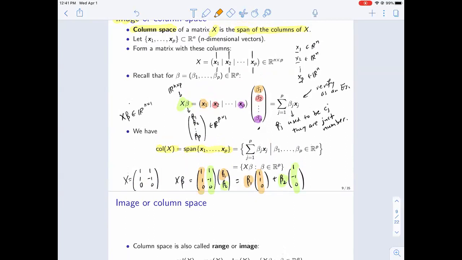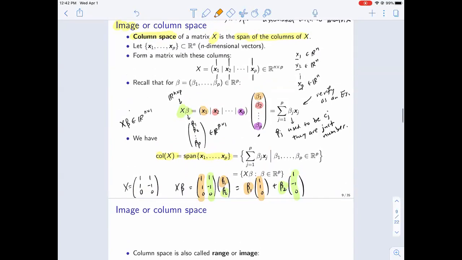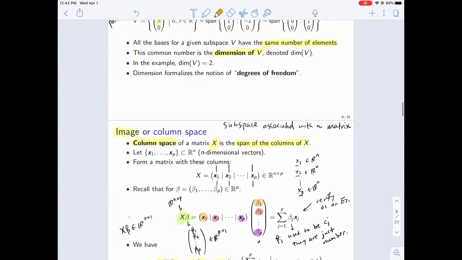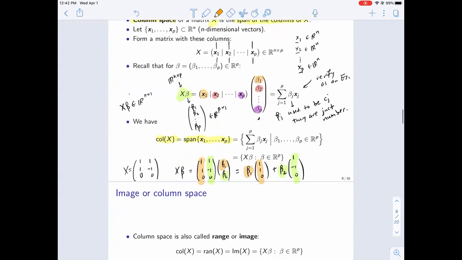Any questions about this so far? Professor? Yes. On the notation where it says the summation from j equals 1 to p of beta j xj, when the arrow points to xj, it says verify as in what? Like, what does that say there? It was this one right here, slide 9.